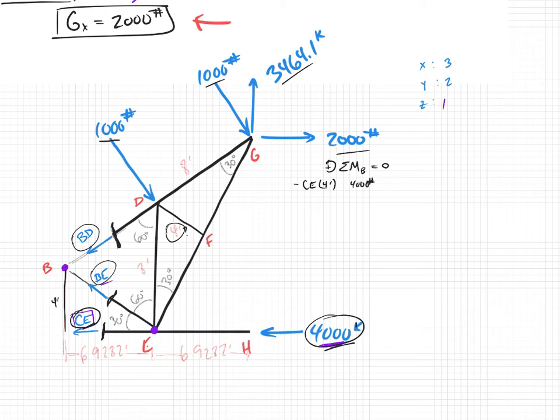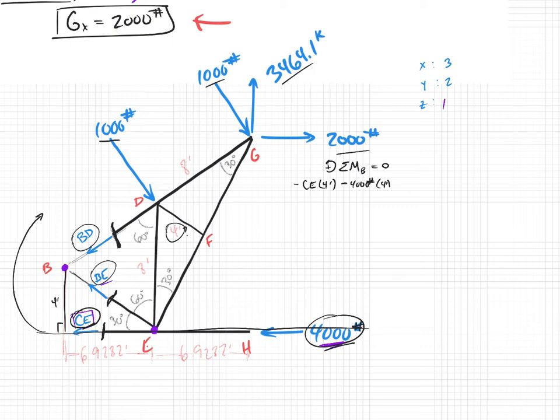Its moment arm is the same, because here's the right angle to the line of action of that force, so that's going to be 4 feet. Both of those are causing clockwise rotation, so it's going to be negative.